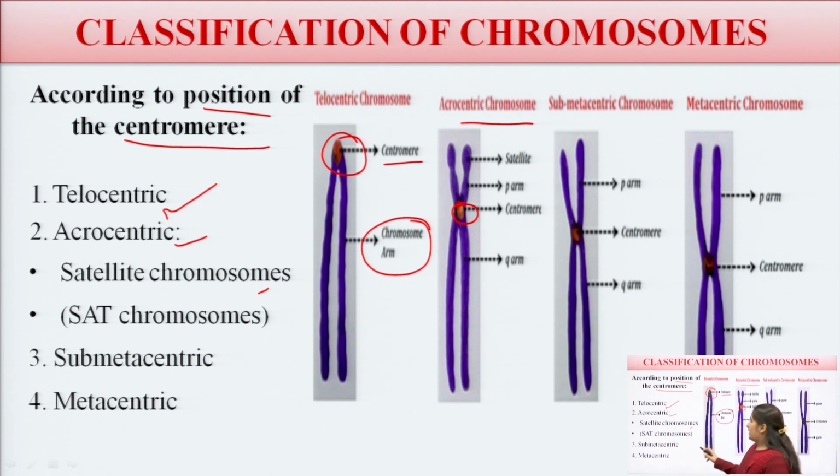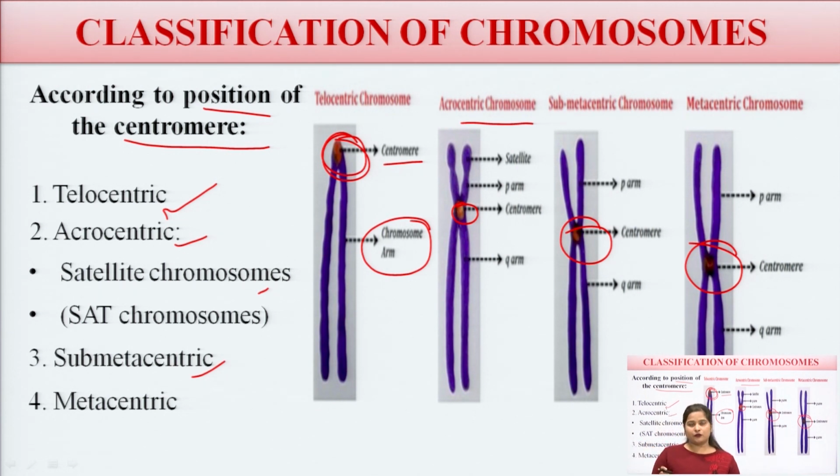Next is the submetacentric, which means the centromere is nearly at the center, nearby the center, and the last one is the metacentric, where it is at the exact center part of the chromosome. So, the telocentric is when the centromere is present at the end part.